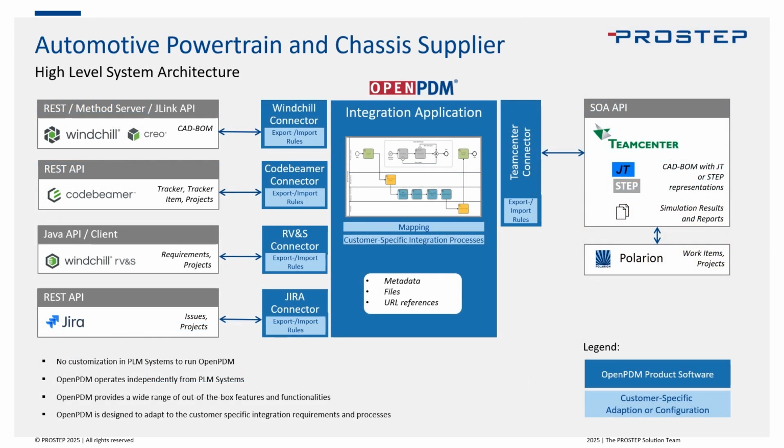Another use case that really involves integration of different domain systems, including PLM, ALM, simulation, issue tracking, requirements, and others, is with this automotive powertrain and chassis supplier. So here, again, Windchill was used as a repository for Creo and the authoritative source of truth for both the CAD and the parts. But then Codebeamer was used as an ALM tool, an issue tracker and project management tool. Windchill RV&S, Integrity, was used for requirements and project management.